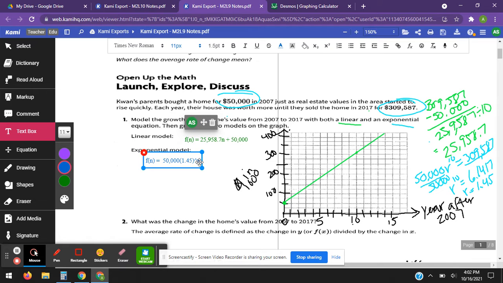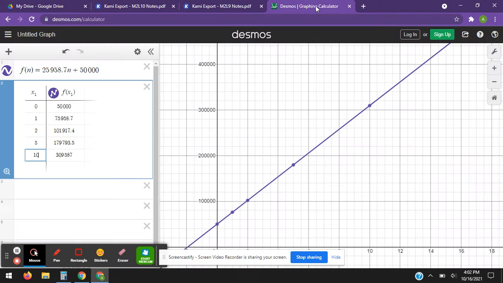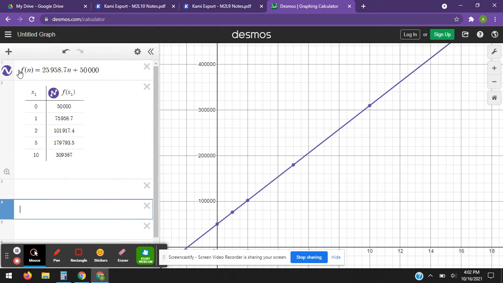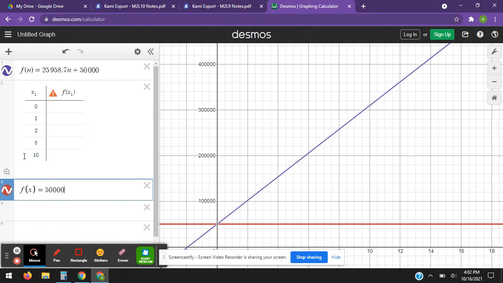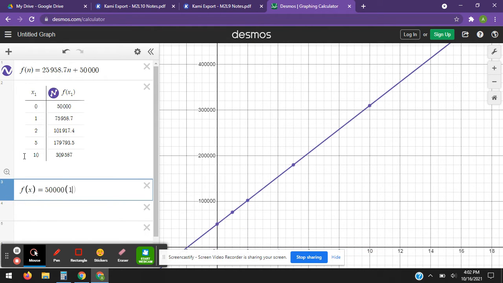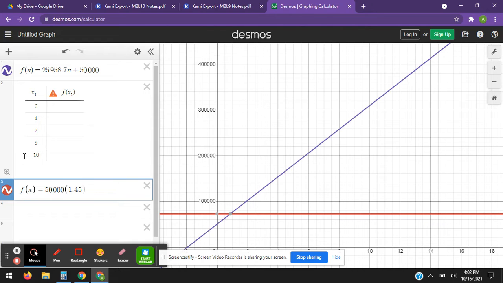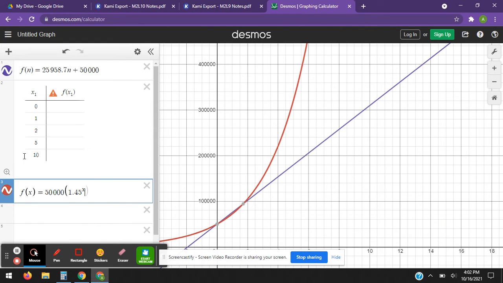So I'm going to put this into my Desmos for another one. And we're going to add a new expression. f of x equals 50,000 times 1.45 to the x.